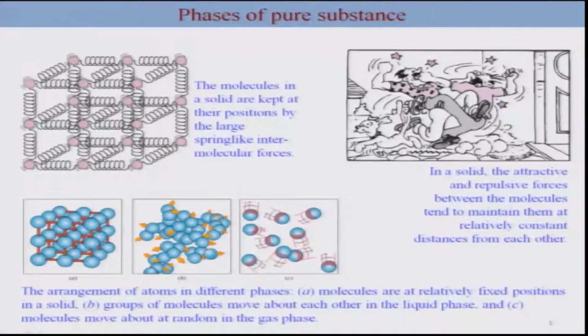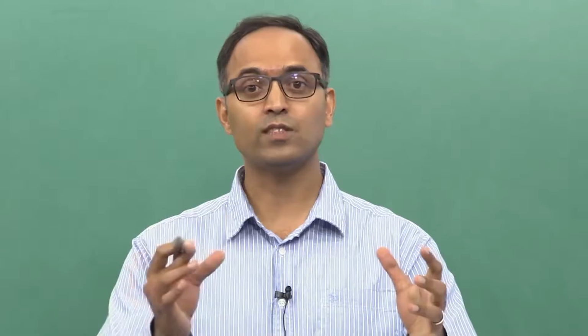So for the case of a solid, the molecules are placed in a lattice and they oscillate at the lattice position. They oscillate around this position and they are arranged in such a fashion that all attractive and repulsive forces maintain them at a relatively constant distance from each other. So it's all perfectly balanced and they are at the lattice point, but they oscillate around it.